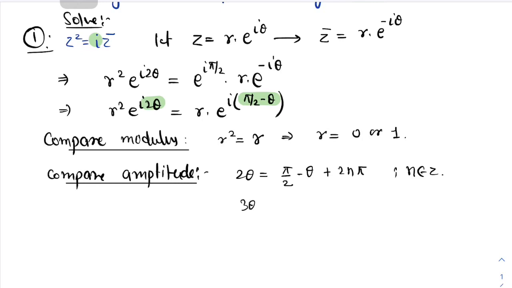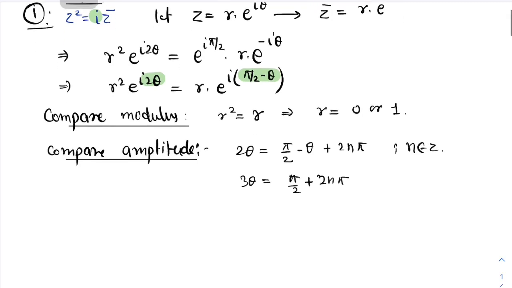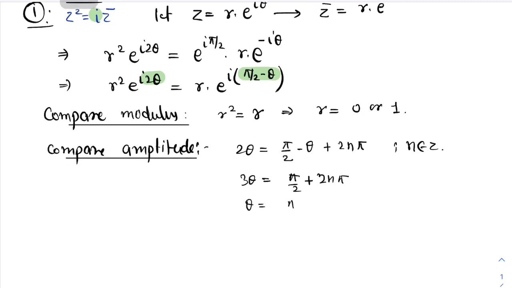So 3 theta becomes pi by 2 plus 2 n pi, and finally theta becomes pi by 6 plus 2 n pi by 3, where n is any integer. So this is our theta.